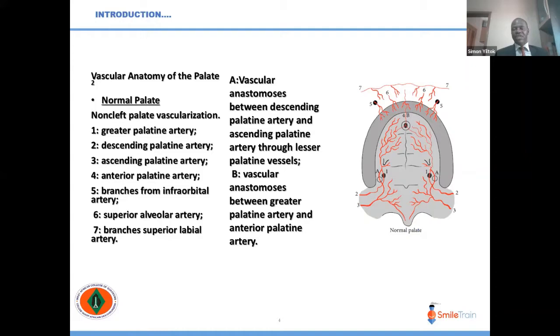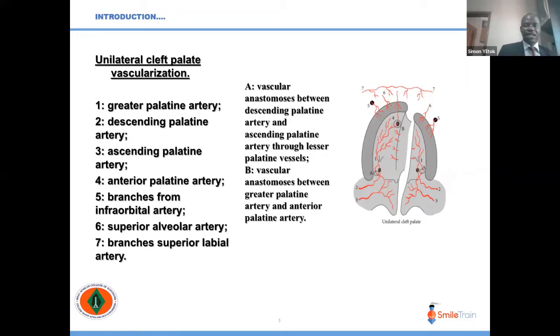Once you have a cleft, there is some disruption. If you have a unilateral cleft palate, the vascularization is anomalous, and you don't have the complete anastomosis, especially on the cleft side.